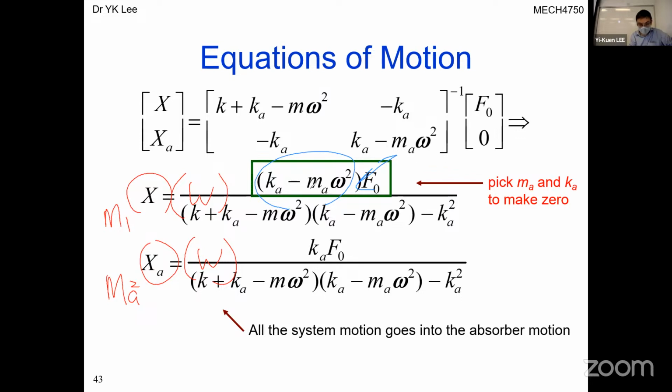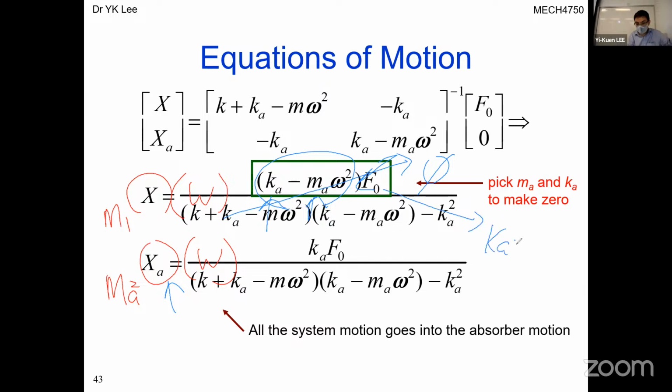So we have to choose a proper absorber mass MA and Ka, so that this is close to 0. If this is 0, all the vibration will be caused by the vibration of the absorber mass. This is one of the key important concepts for a vibration absorber.